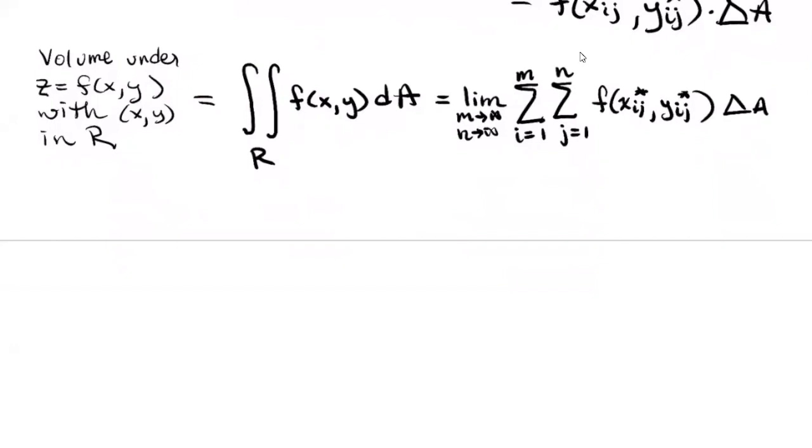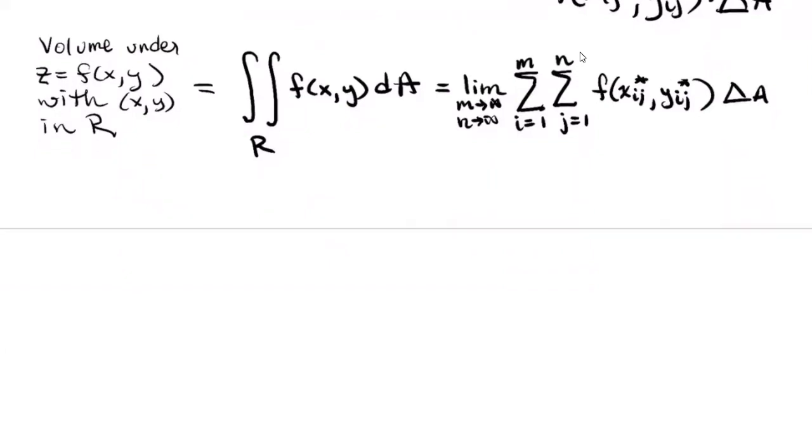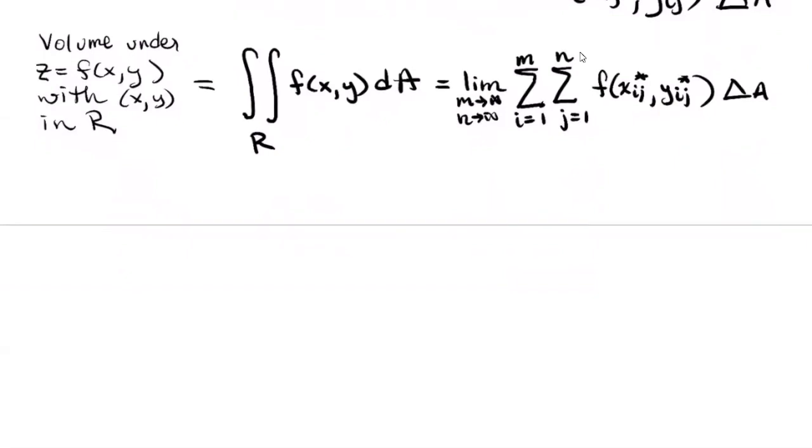This is obviously not a way to evaluate a double integral, with a limit on a double sum. That's not going to work. So in reality, you're not evaluating integrals this way. Of course, we're going to use the fundamental theorem of calculus because that's just how we do integrals in calculus.